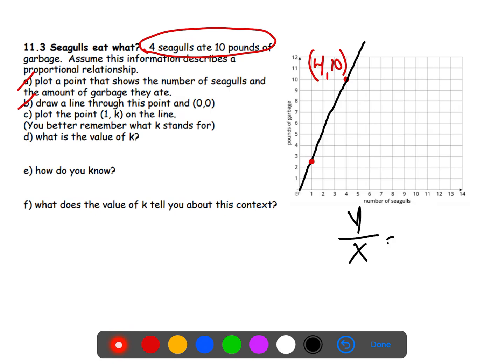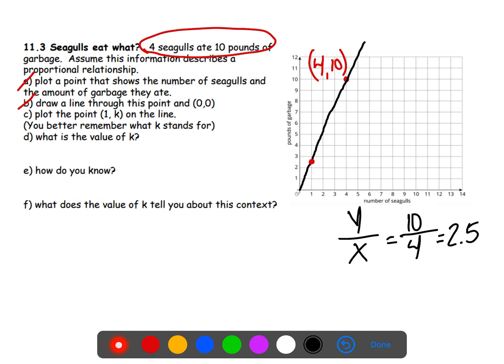So the point that I know is a y quantity of 10 pounds of garbage divided by 4 seagulls. That's my k value. That's my constant of proportionality. And this might be good to simplify a little further. We could keep it as 10/4, but that's a lot harder to identify as a point here on a graph. So let's divide 10 by 4, and that equals 2.5.